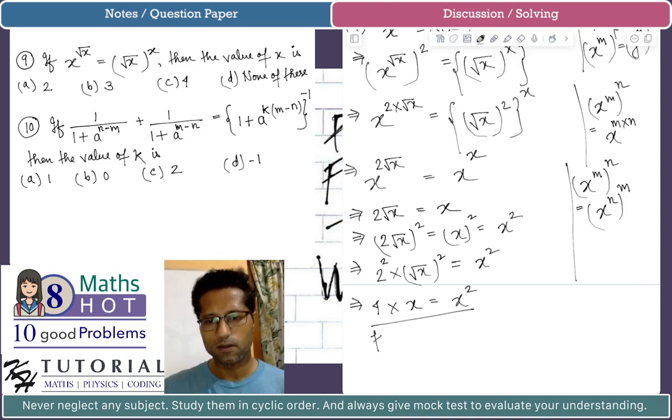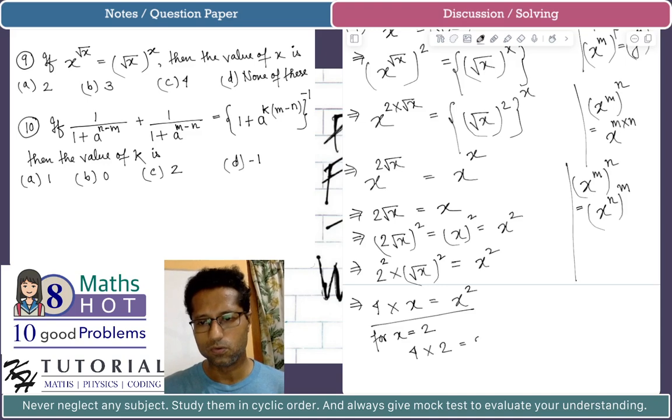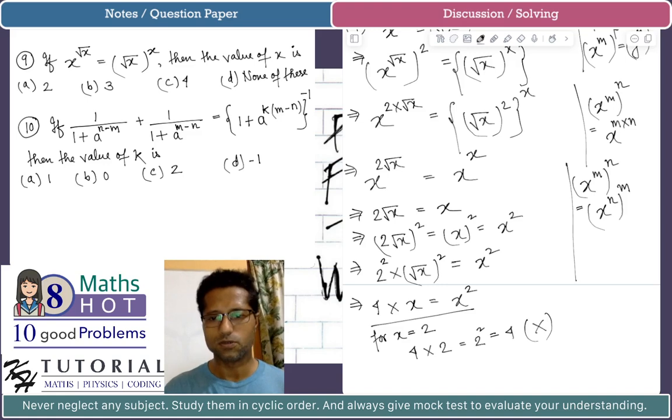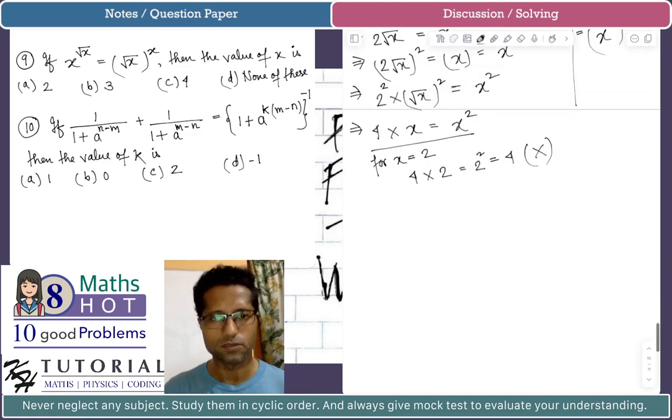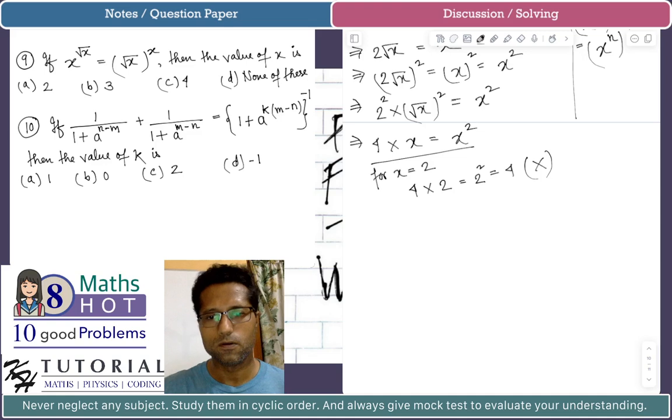So for choice A, for x equals 2, we see 4 multiplied by 2 is 8, and 2 square is 4, which is wrong. So choice A cannot be true. Now for x equals 3, we see 4 multiplied by 3 is 12, and 3 squared is 9.